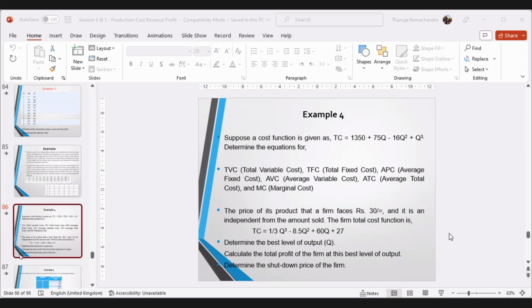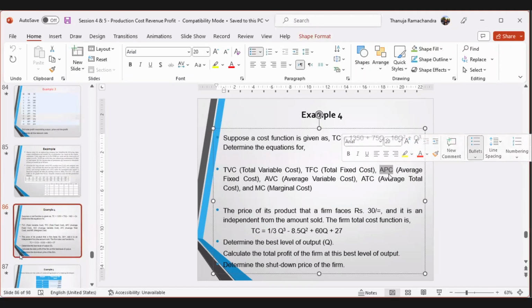Tell me the TVC equation from this one. Except the 1350 part. Yes, correct. TFC? 1350. Okay.